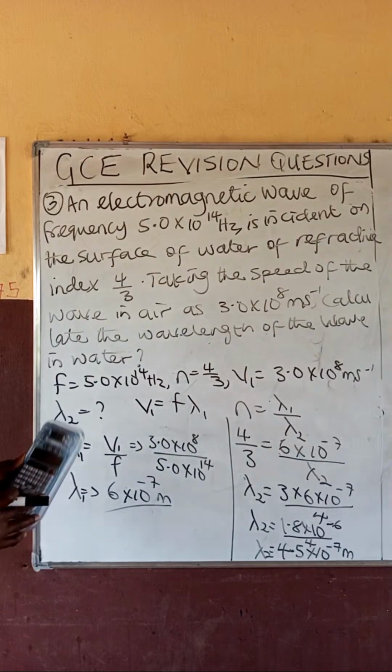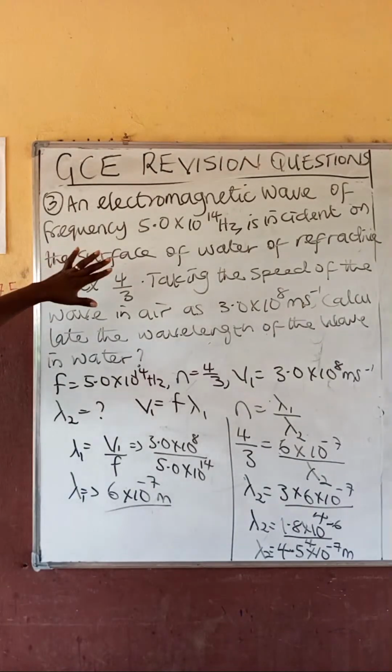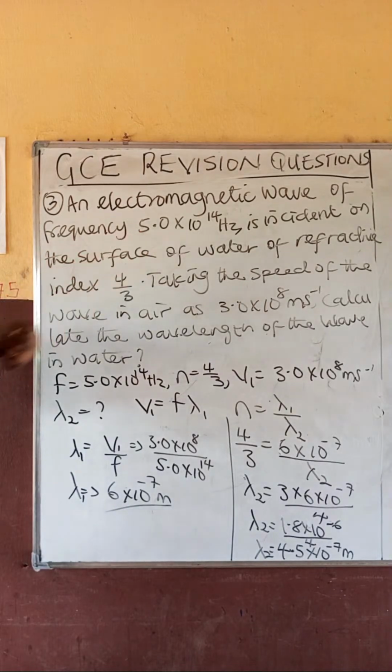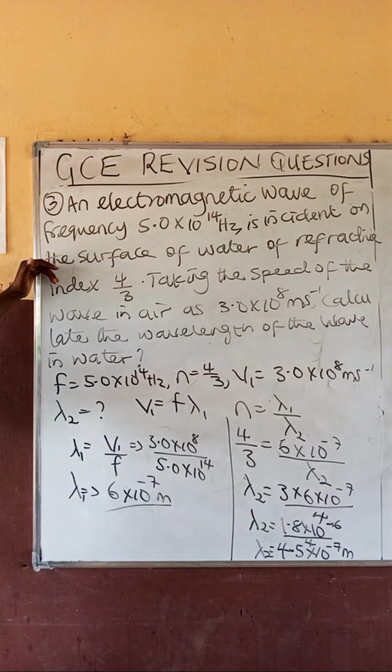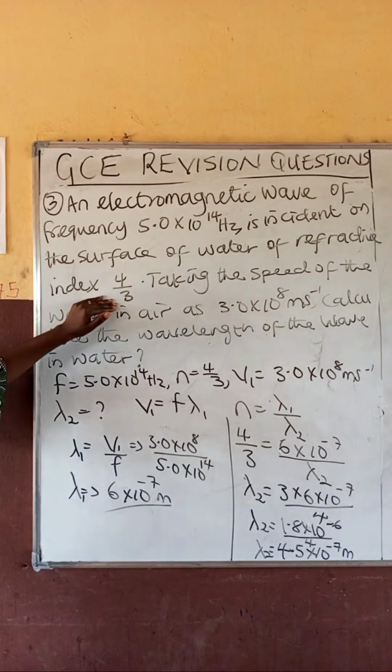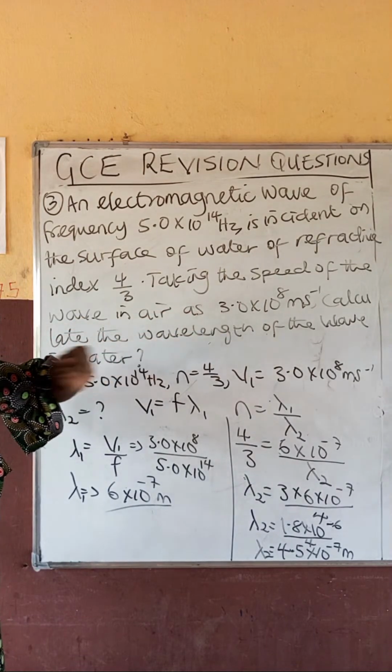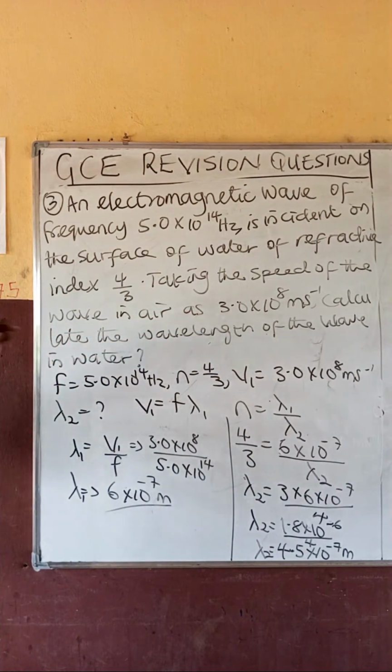Now let me do a recap. We are given this question and we have the frequency to be 5.0 times 10 raised to power 14 Hz, and it's incident on the surface of water of refractive index 4/3. Taking the speed of light, which is constant, to be 3.0 times 10 raised to power 8 meters per second. Calculate the wavelength of the wave in water. Water is the second medium.